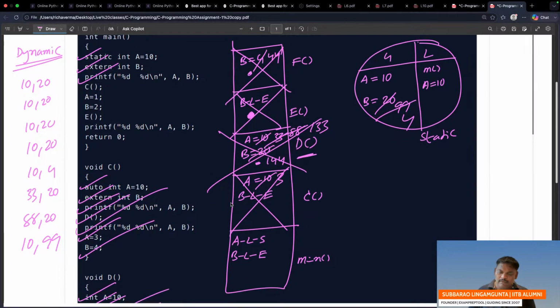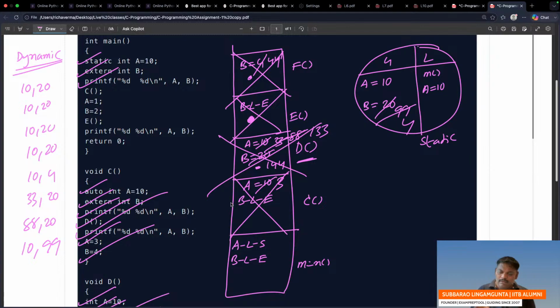In the main, if you observe clearly, C completed. So A 1, remember, in the main, A is local but in the static area. Next one, if you see, B is 2. B is an external variable.